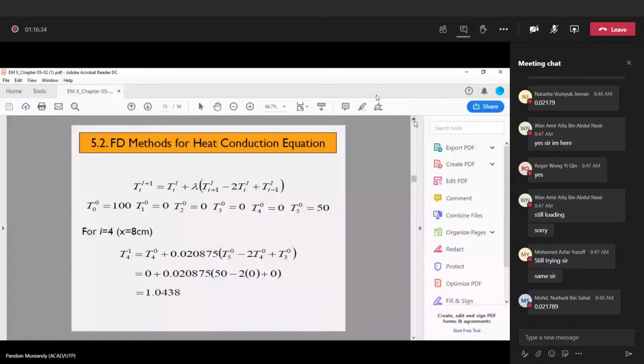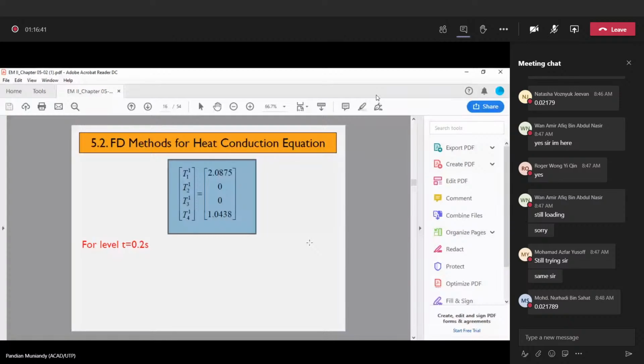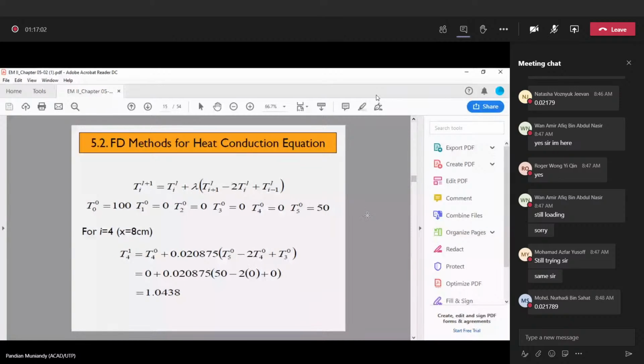Now T14, so you go back to the last slide, slide number 16. T superscript 14, the answer is 1.0438 plus 0.020875 in the bracket T superscript 15. T superscript 15 is this one, this is 50.